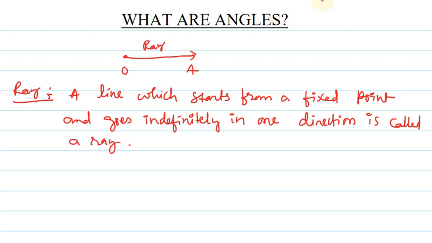Okay, so let us take a ray. It is starting from a fixed point O, and let us label this as OA.